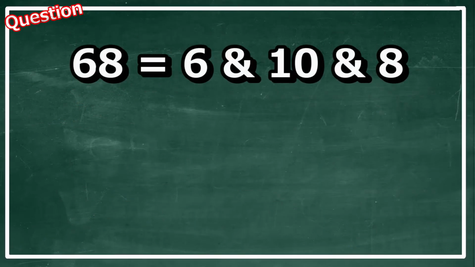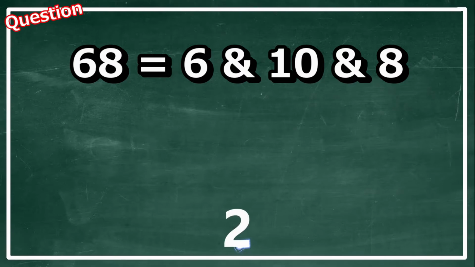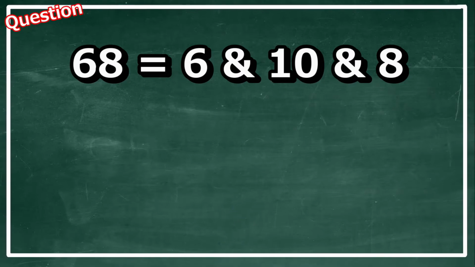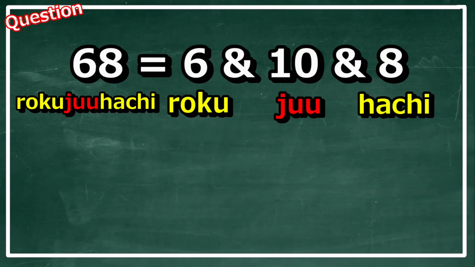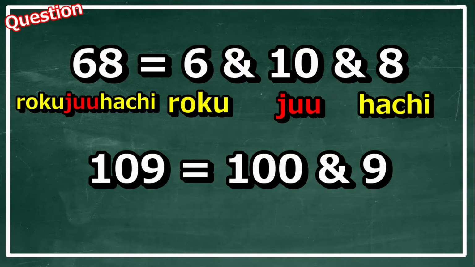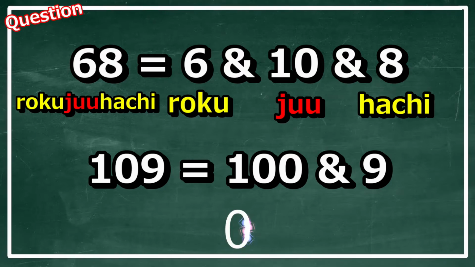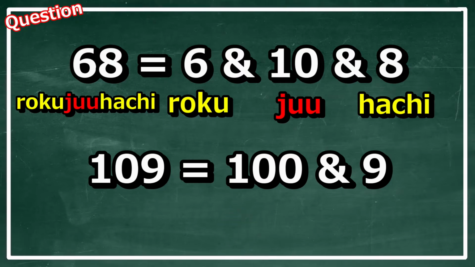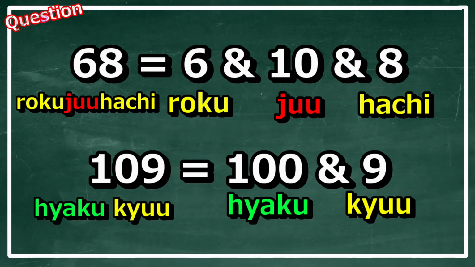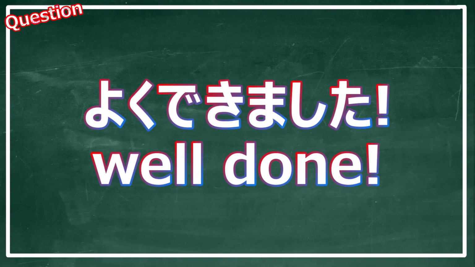What is 68 in Japanese? 答えは The answer is 68. What is 109 in Japanese? 答えは The answer is 109. よくできました。Well done!